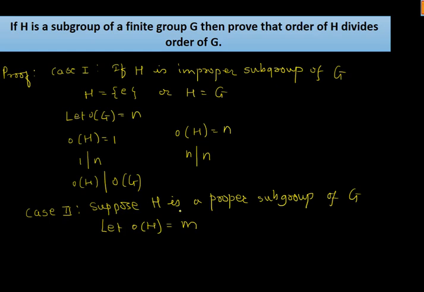Since the order of H is equal to m, what is its meaning? The meaning is the set H contains m distinct elements. So let H contain m distinct elements, h1, h2, and the last element will be hm. These are the m elements.